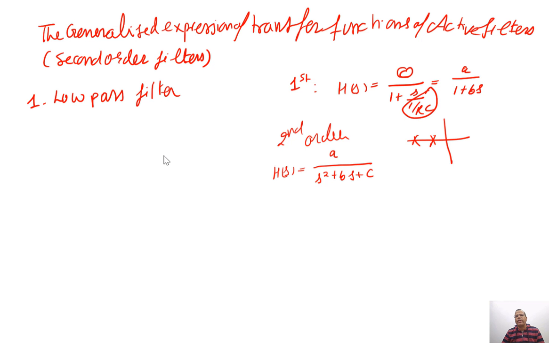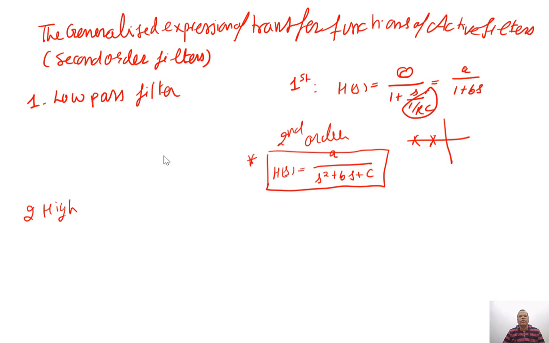If there is a quadratic polynomial in the denominator, factors of this will give me two values of s which are nothing but poles, and factors of the polynomial in the numerator will give me zeros. So there is no term containing s, so there is no zero in the transfer function of second order low pass. So this is the generalized expression of transfer function of a low pass filter.